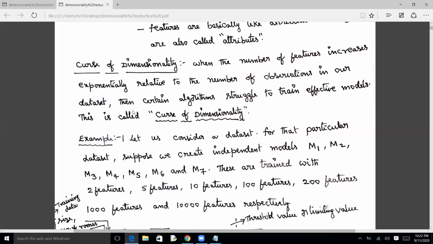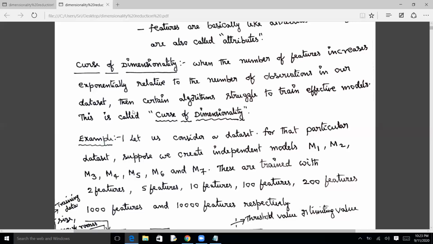When the number of features increases relative to the number of observations in the data set, some algorithms struggle to obtain accurate values.